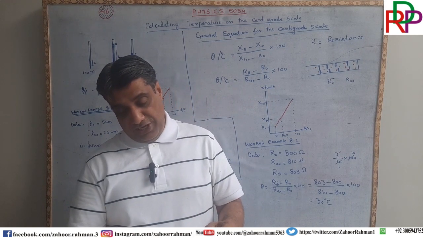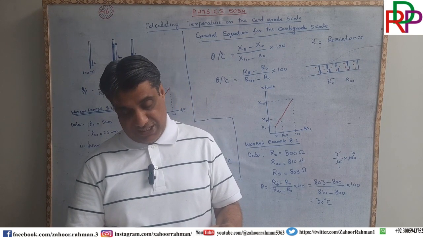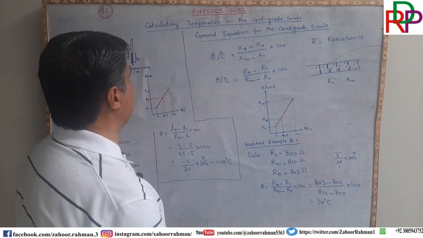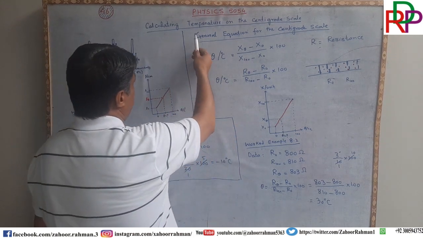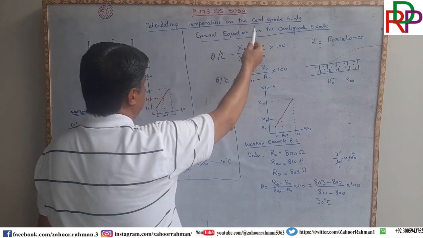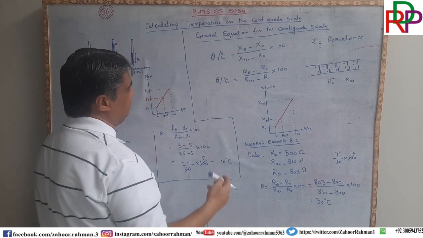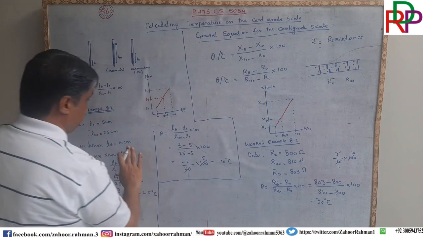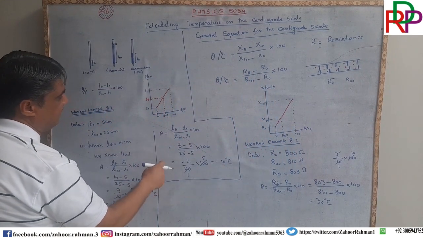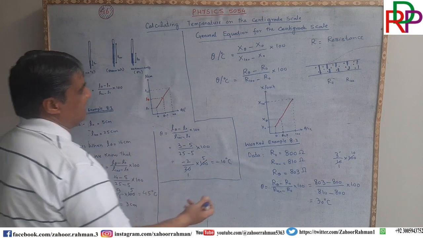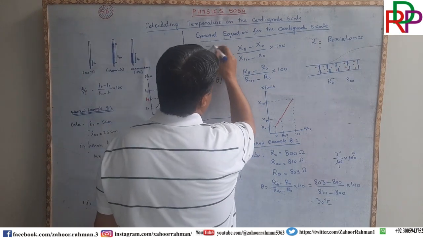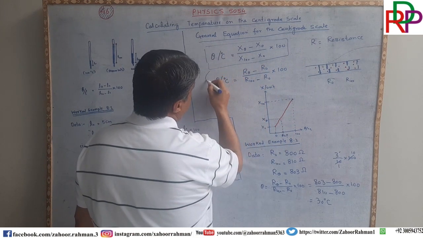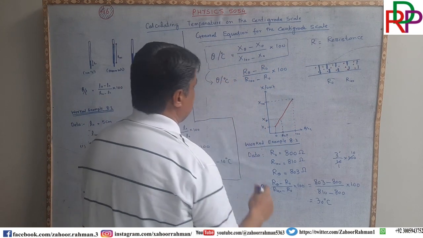Hopefully, you have understood the concept of measurement of temperature on the centigrade scale. One thing I have to mention, this is the specialized formula for a specific length, but this is the generalized formula, and then we use the specialized one for resistance.